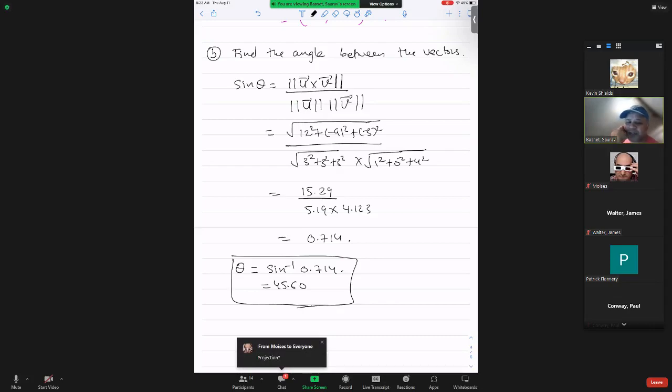Yes. We find the determinant, and if the determinant is not equal to 0, what does that mean? That means it spans. That's it.